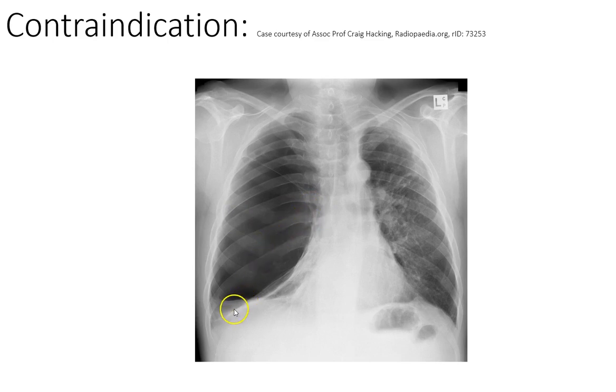So again, we're looking for contraindications, and another contraindication is emphysematous bullae. And what you have here is a massive, absolutely massive bulla. We have other ones, so we have another one up here. Perhaps that's another one in there.